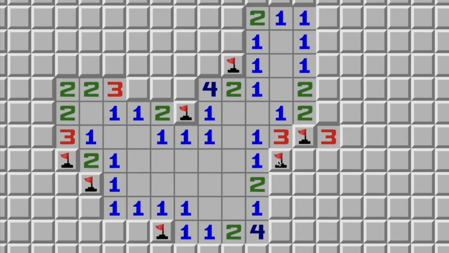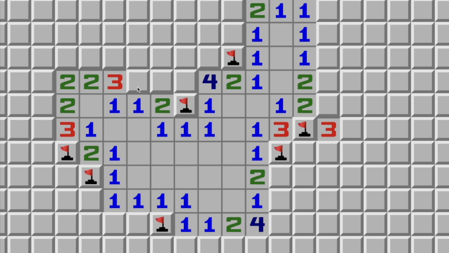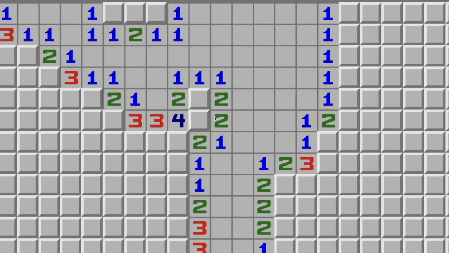So just by using this corner 1 pattern, we were able to assume the position of 8 mines.